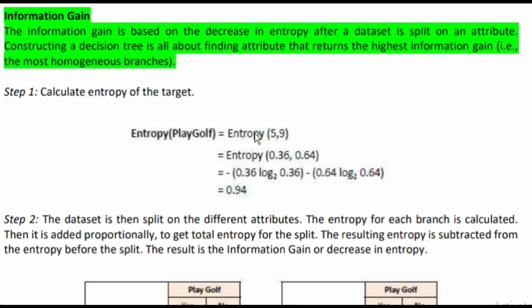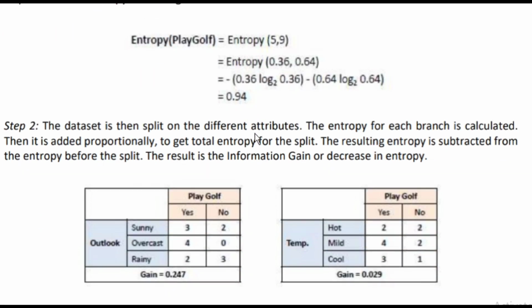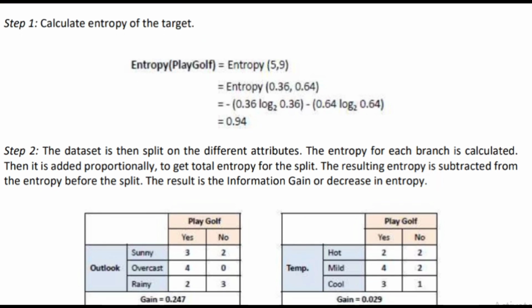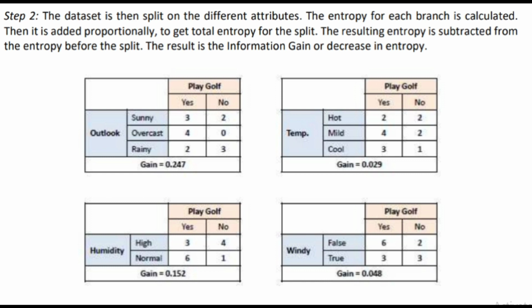The resulting entropy is subtracted from the entropy before the split. The result is the information gain or decrease in entropy. In the first table, gain is 0.247 and in the second table gain is equal to 0.029. In the third table, gain is equal to 0.152. In the fourth table, gain is equal to 0.048.